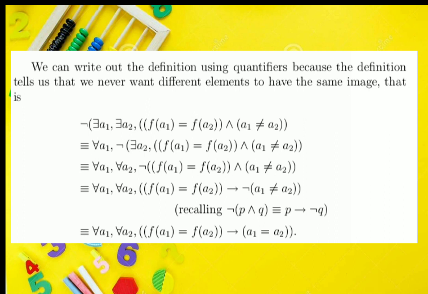Next, it is defined as: for all a1, for all a2, f(a1) equals f(a2) implies not (a1 is not equal to a2).